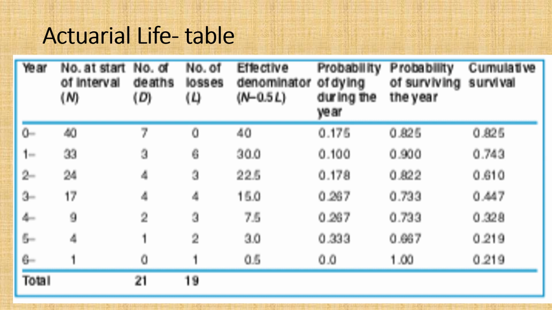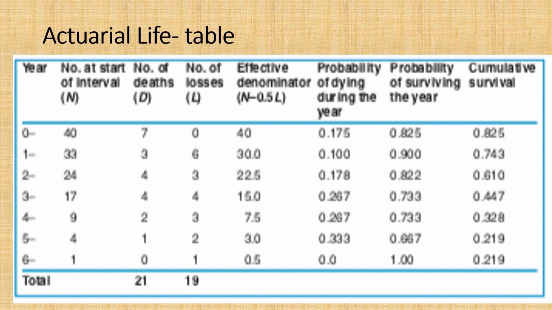Okay, so for the actuarial life table, we are drawing the straight line which we just noticed in the previous slide by using this information of cumulative survival. For the next year, 33 breast cancer affected women were in the cohort. Number of deaths 3, lost contact 6, so 30.